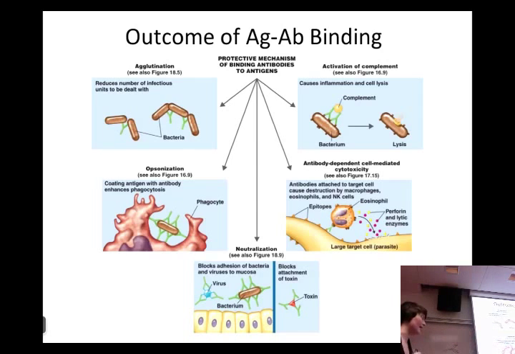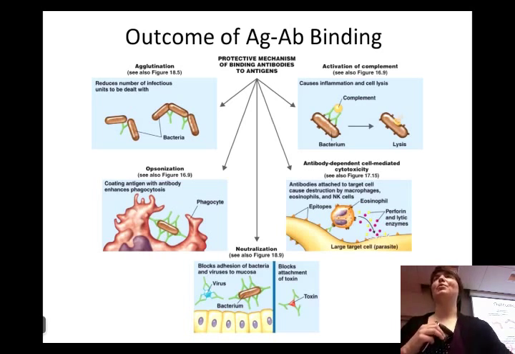We also have neutralization. Okay, so what's happening in this picture? These antibodies are binding to epitopes on viruses or epitopes on a bacterial capsule. And what does neutralization mean? We're neutralizing the ability of this virus or this bacterium or this toxin to do what?